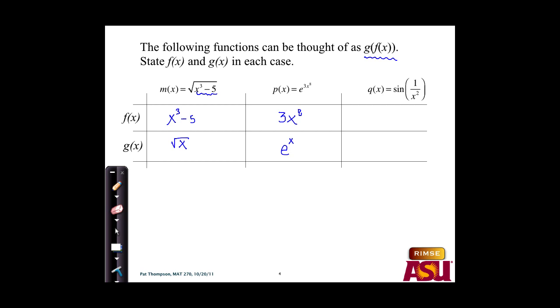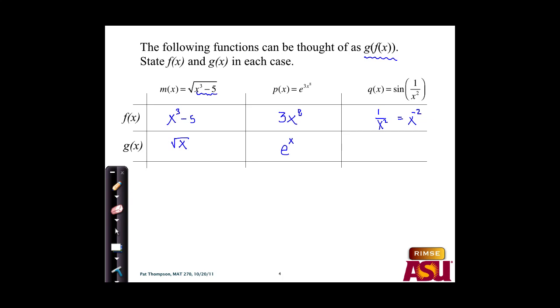Q of x here, we've got sine of 1 over x squared. Again, if you're thinking about inner function, outer, the inner one is the first in order of operations. What would you do first if you're substituting in a number? Now, on this one, you probably wouldn't be doing this by hand, but nonetheless, you say, okay, inside the parentheses, figure out 1 over x squared first, otherwise known as x to the negative 2, and then do sine of that.